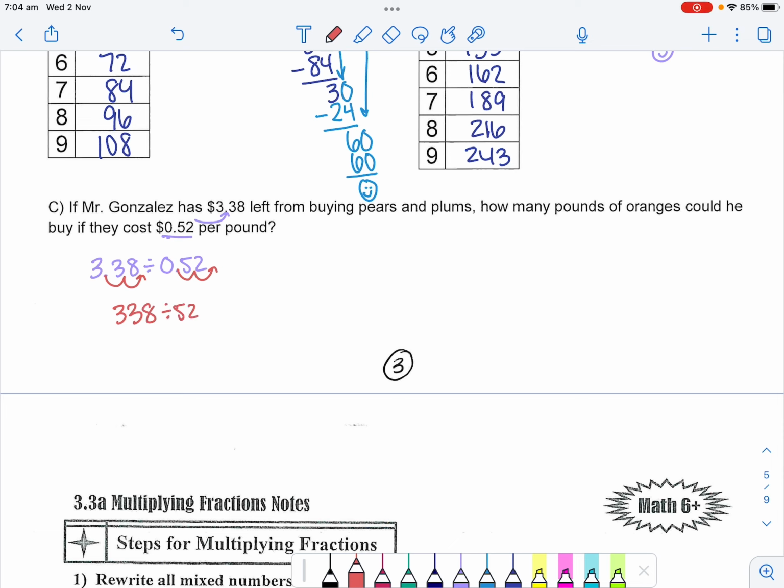Now I didn't give a chart down here, but I can still create one. So 1, 2, 3, 4, 5, 6, 7, 8, 9.